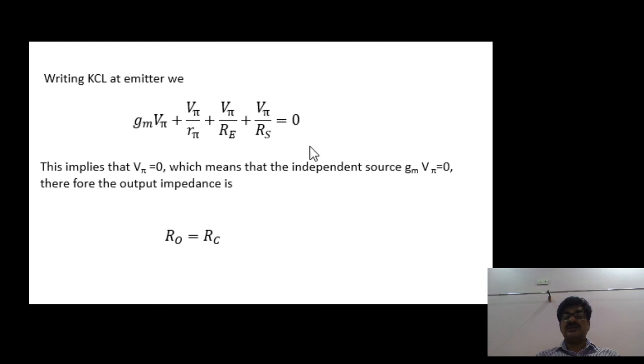That means Gm V pi equal to 0. Therefore, when Gm V pi is equal to 0, the current source value is 0, which means it acts as an open circuit. Therefore, the output impedance R0 is just RC.